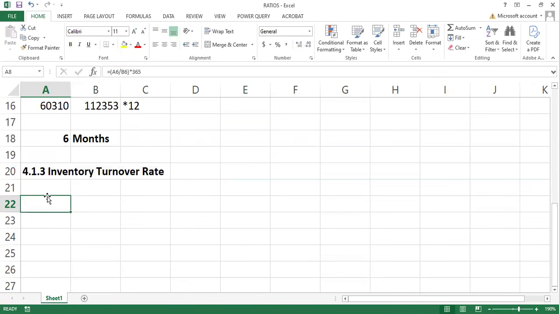So now we must remember always to know our formula.